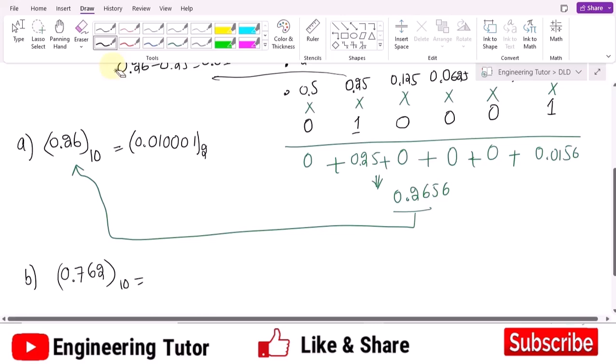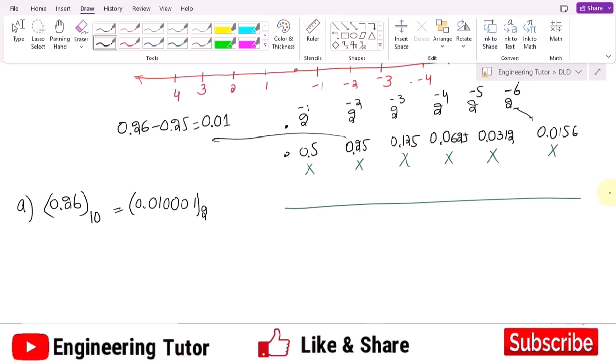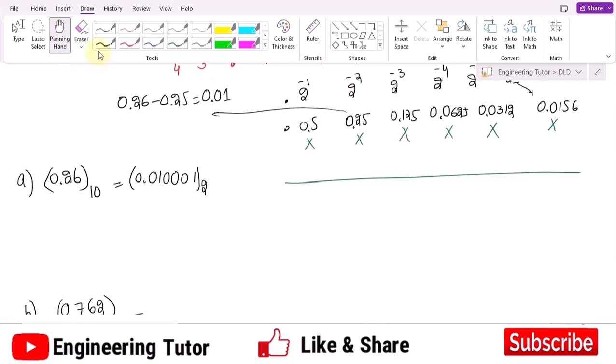So 0.762: 0.5 can be included here, since it is lower than 0.762. So I will get 0.5 here. What is the next procedure? I have to subtract this 0.5 from 0.762, so I will get 0.262.